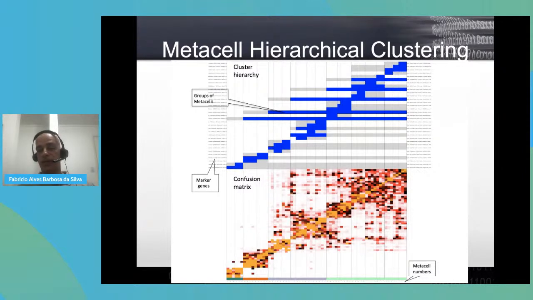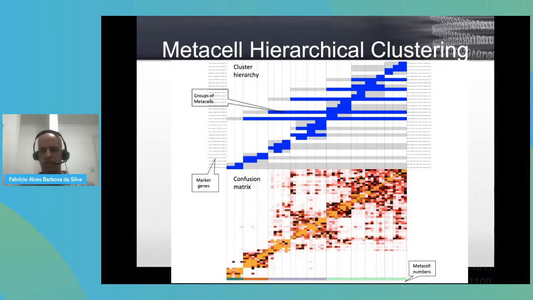So you can see that there are many possibilities of cell type identification. There are several sizes of clusters. You can see that the large bars are associated with broader classifications, and the smaller bars are associated with more strict classification. It includes a smaller number of metacells.